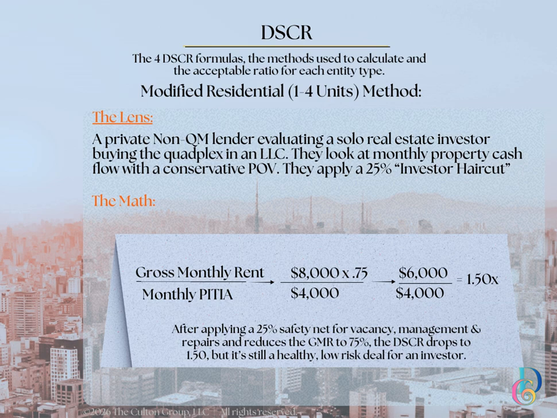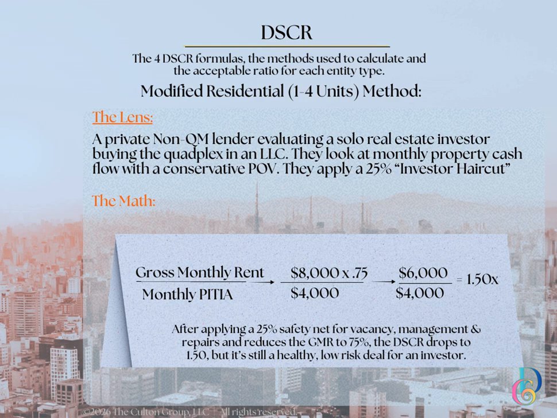So using the same figures, the math is the 8,000, which is the gross rent, over 4,000, which is the PITIA. Now, that 25% haircut times the gross rent, which is going to be the 8,000 times 0.75, is going to give you 6,000.